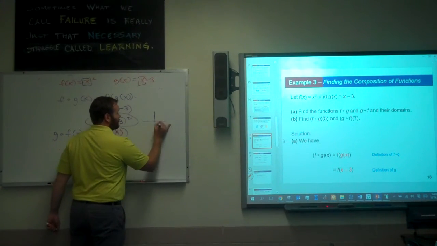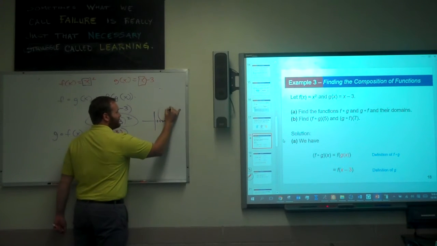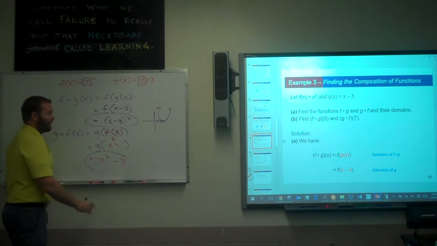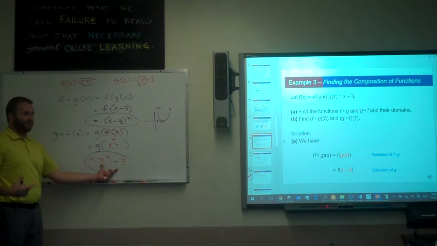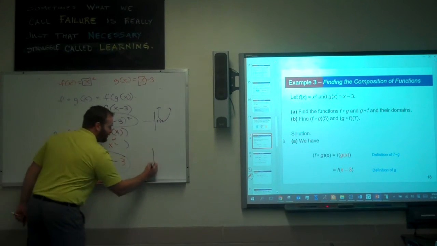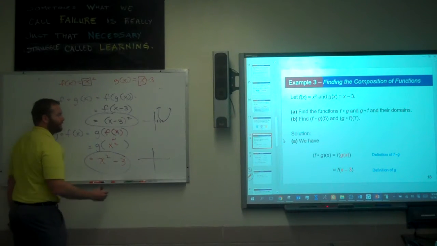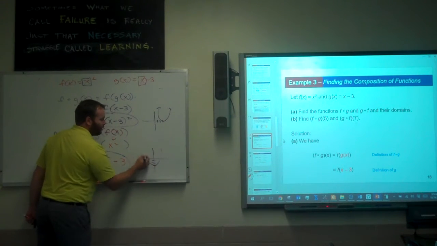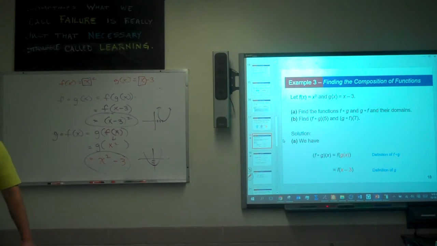Moves it to the right 3 units. So what this would look like is that parabola, right? If we look at this, what's the elementary fundamental parent function that you start with here? X squared again. But what's that minus 3 do? Moves it down 3. So we do get two different rules, right? Because the graphs that are developed from them are different.